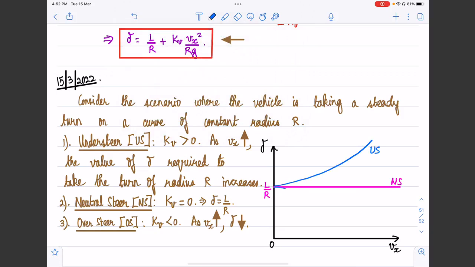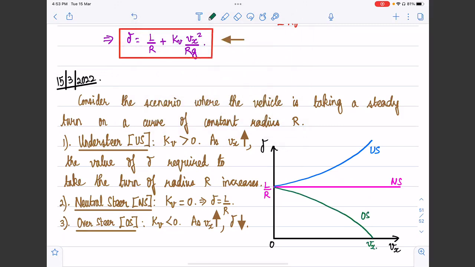And for an oversteer vehicle, let me use, let's say, green color. So for an oversteer vehicle, it will go like this, and it will hit the 0 line at the critical speed.